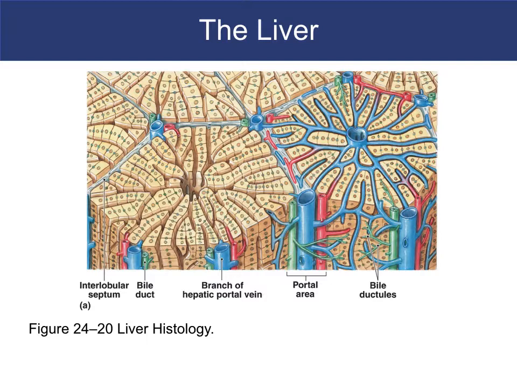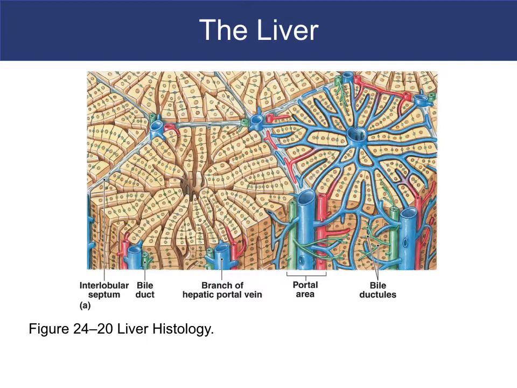So here's kind of a picture of it. So this right here is a portal triad or a hepatic triad. Notice there's the big blue hepatic portal vein. Notice there is a hepatic artery, bright red, and a little tiny bile duct. Now, they dump all this blood into here, and then that blood comes out here and percolates amongst all of these cells.